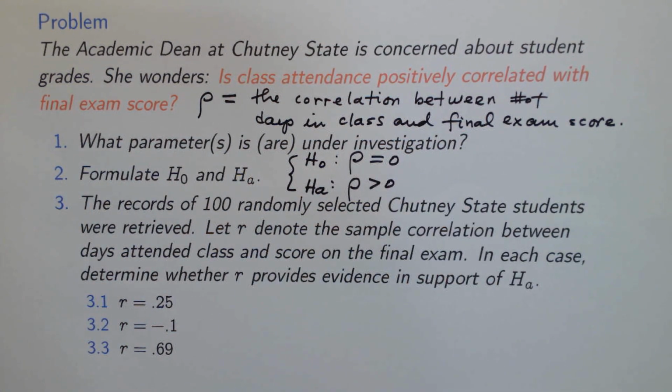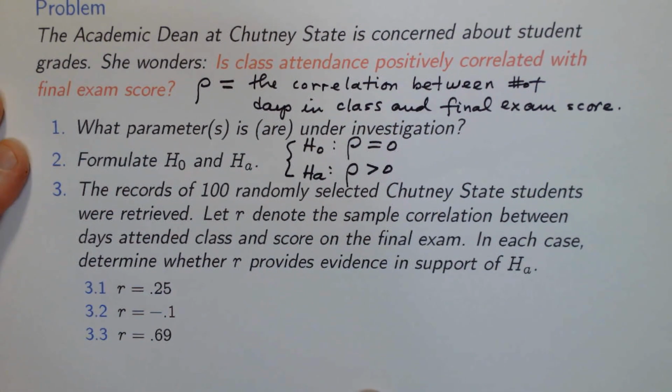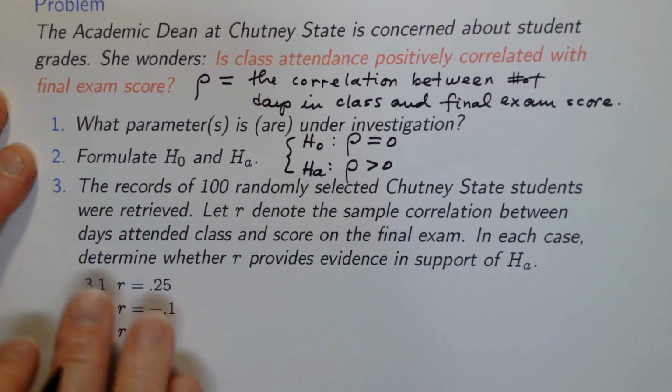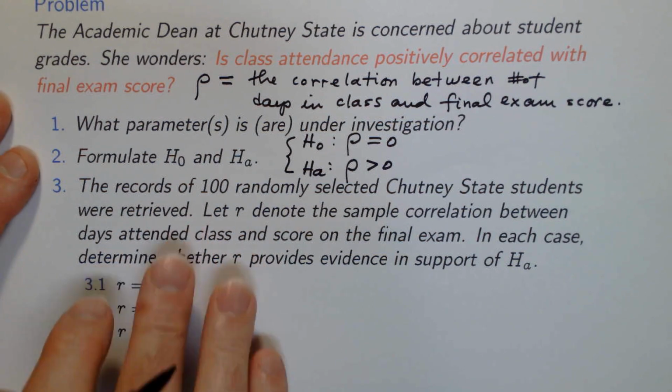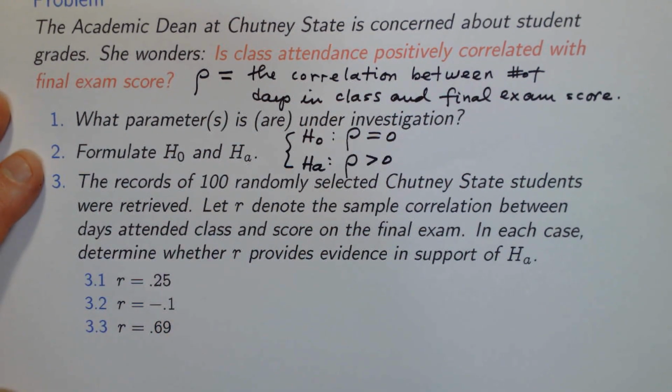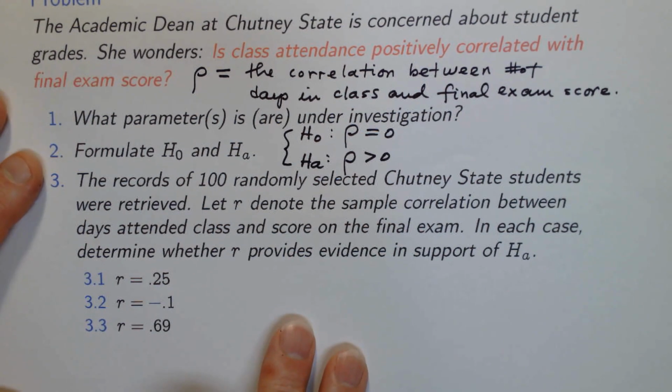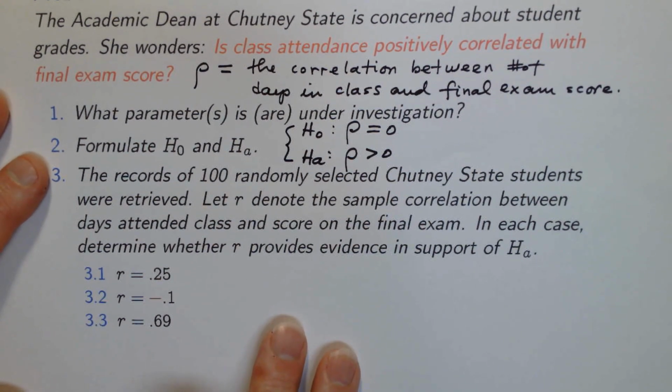All right, that there's no correlation between them. The records of 100 randomly selected Chutney State students were retrieved. Let R denote the sample correlation between their days attended class and the score on the final exam. In each case, determine whether R provides evidence in support of the alternative hypothesis.